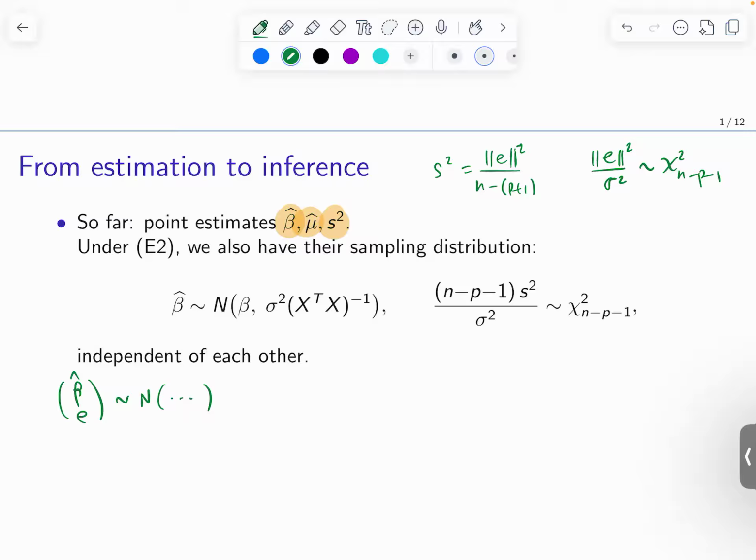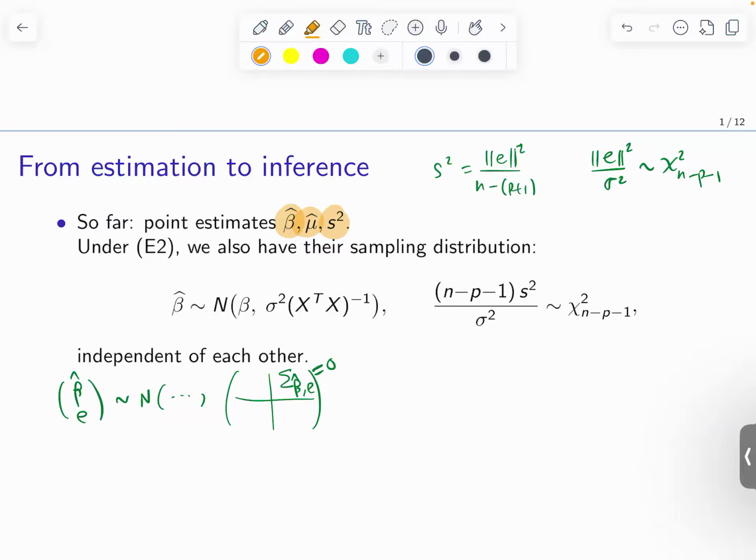So we calculated the covariance matrix of this vector, and in particular, there was this block partitioning, and then there's this cross covariance matrix, basically beta hat and e, and this turned out to be 0. So this showed that they're uncorrelated. This would be true even under the E1 assumption, but under E2, this would imply independence, okay? So beta hat and e would be independent.